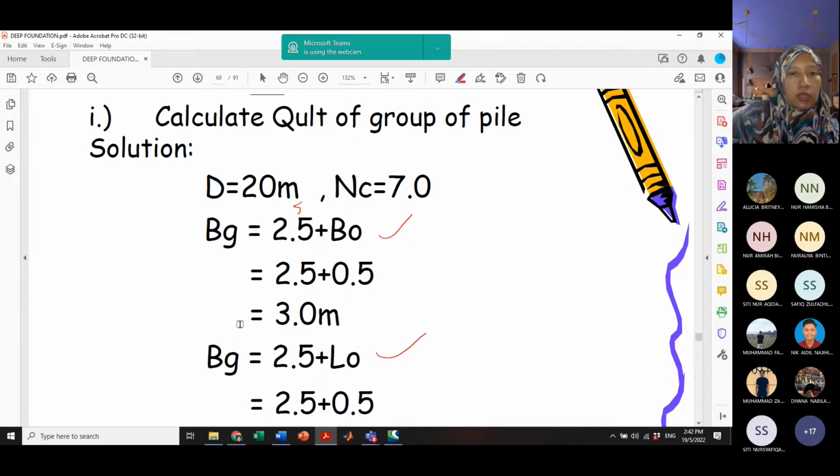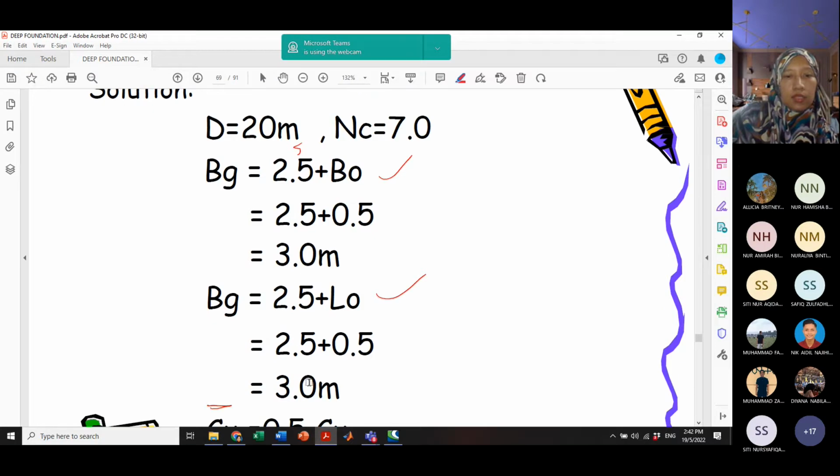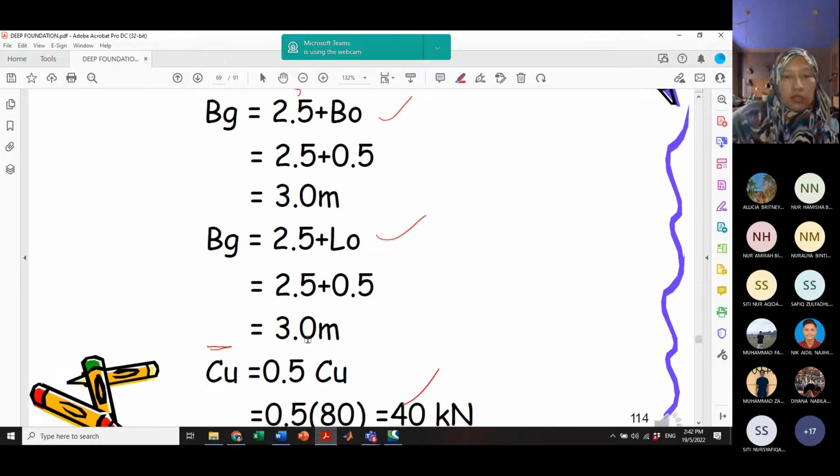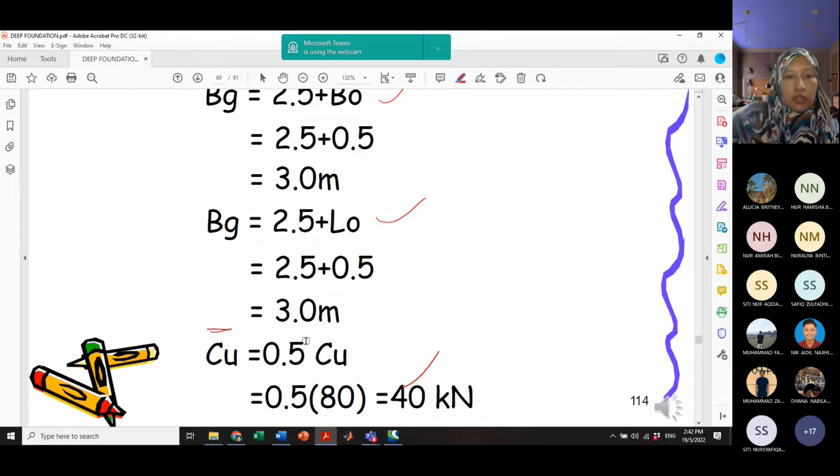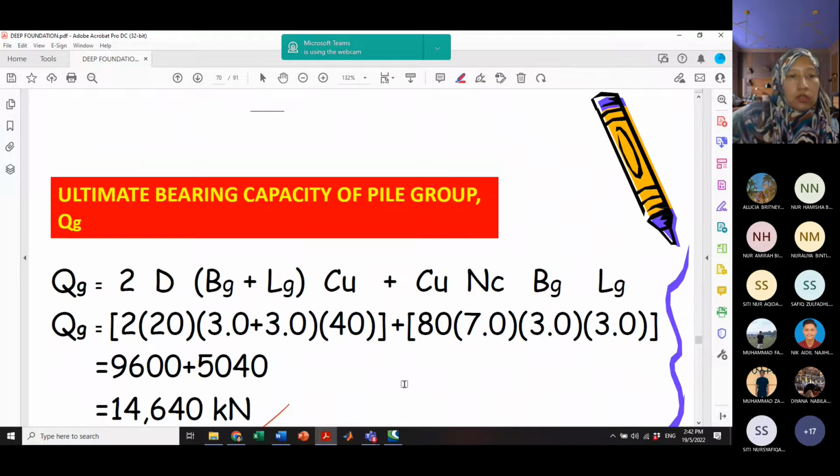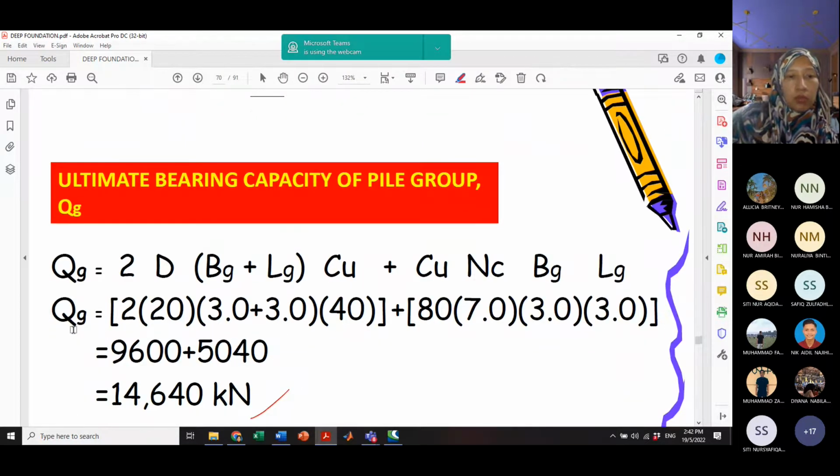Next, to calculate the ultimate bearing capacity of the group pile. So Bg equals 3.0 meter, Lg is 3.0. This should be L, not Bg. And the average undrained coefficient is 40 kilonewton. So the group ultimate bearing capacity of the group pile is 14,640 kilonewton.